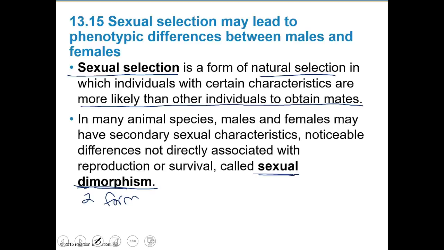So think of the male and the female peacock. They have two different kinds of appearances. That's sexual dimorphism. So sexual selection happens because females like the males with the better plumage or feathers on the back of them. Tons of great examples for sexual selection. A lot of females choosing males on that one.